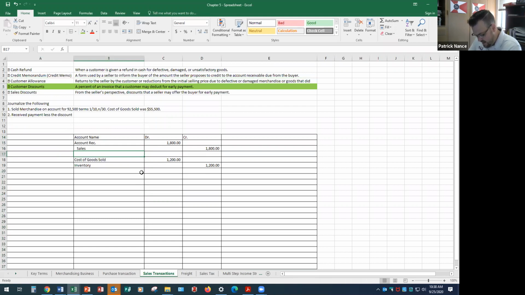It says that we recorded a sale on account for $18,000 and my cost of goods sold was $10,800. Rather than reinventing the wheel and retyping here, I'm just going to do $18,000 was my sales, and my cost of goods sold for this one was $10,800 and $10,800.